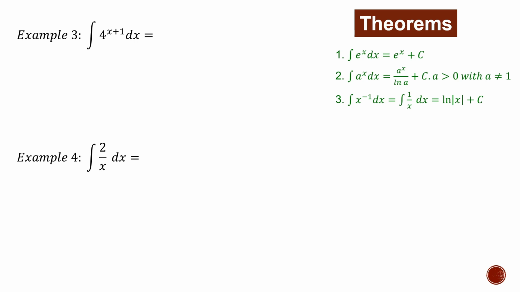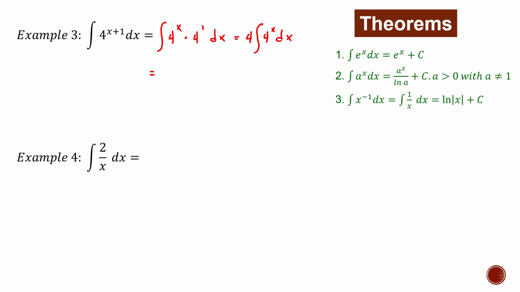Here we can rewrite this first as 4 raised to x times 4 raised to 1. Right? I know you agree with that. So what we can do is take out that 4 because that's constant. So 4 times the integral of 4 raised to x dx.